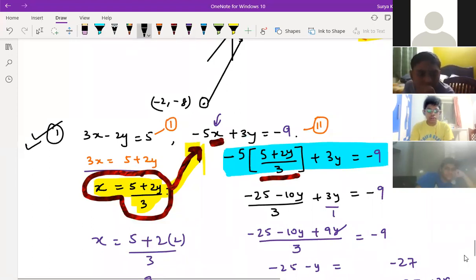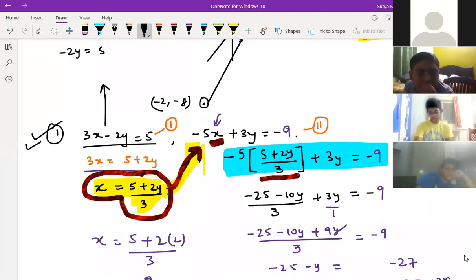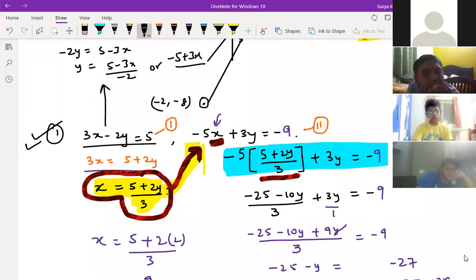You can do it like this also: minus 2y is equal to 5 minus 3x. So y is equal to 5 minus 3x divided by minus 2, or you can write minus 5 plus 3x divided by 2. This also you can put here, and then substitute it into plus 3y.